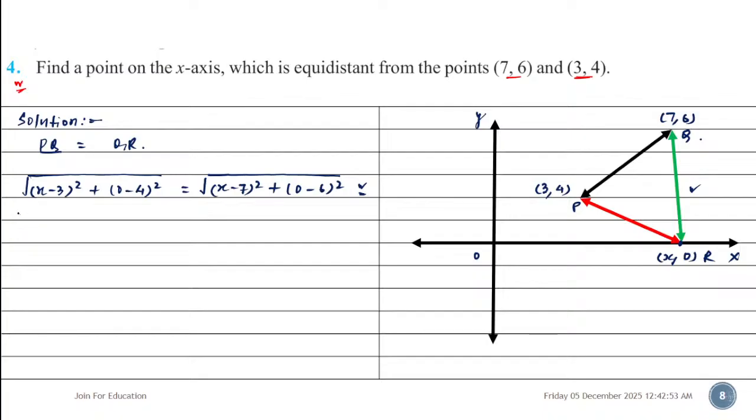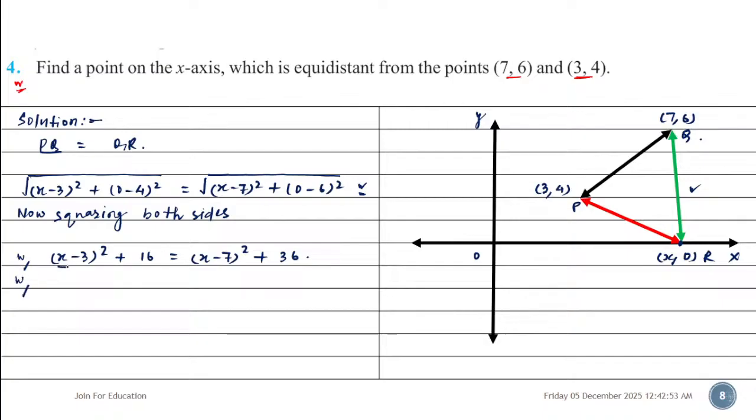Now squaring both sides. On the left hand side we get (x minus 3) whole square plus 16, equal to, on the right hand side, (x minus 7) whole square plus 36.